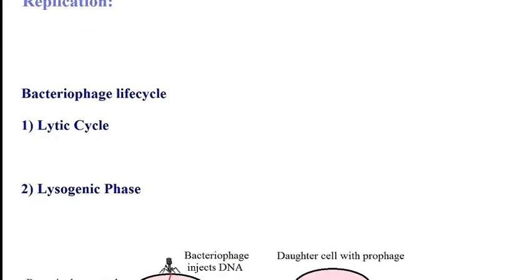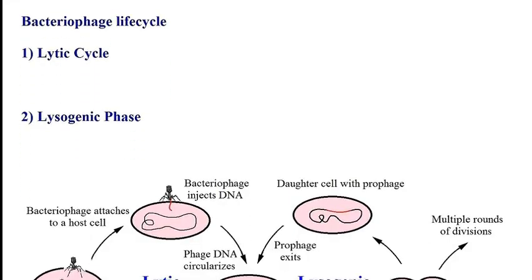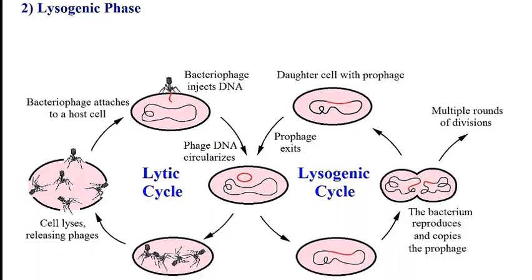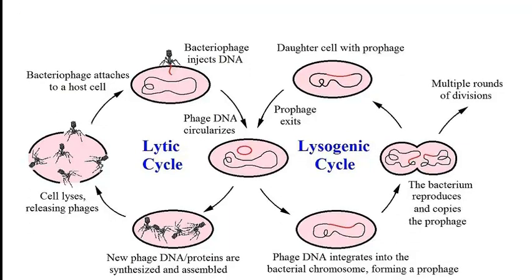Okay, so that being said, let's go over the life cycle of a bacteriophage, which is a virus that infects bacteria. So there are two phases to the bacteriophage life cycle, and this includes the lytic phase, where virus particles are being produced, assembled, and it causes lysis of the bacterial cell, and then the viruses will infect another cell.